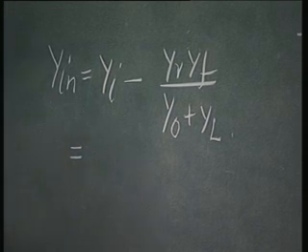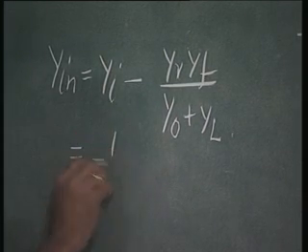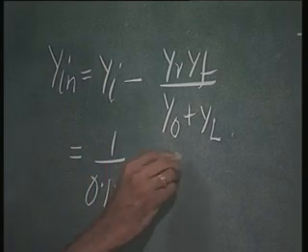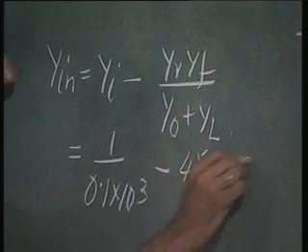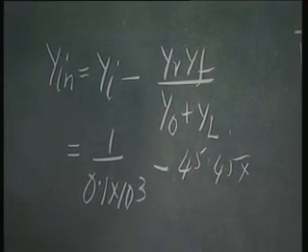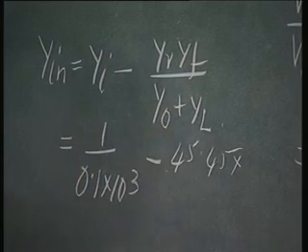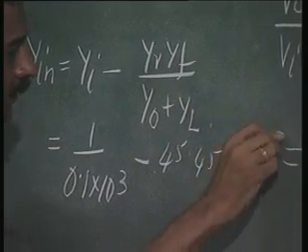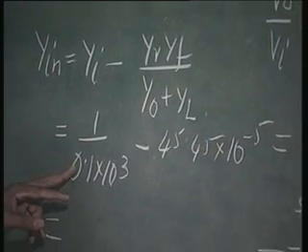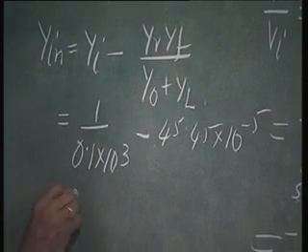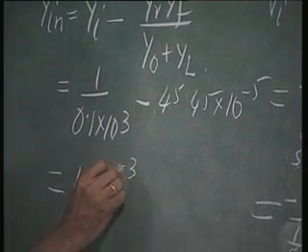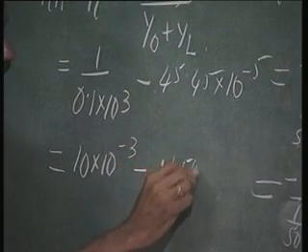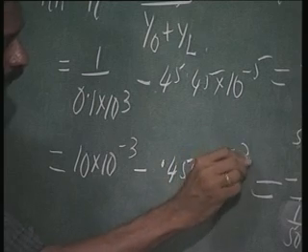So, Yin is 1 by 0.1 into 10 to the power 3 minus YR, which is 10 to the power minus 5, into minus 45.45, which is 10 millisiemens, or 10 into 10 to the power minus 3, minus 0.4545 into 10 to the power minus 3.